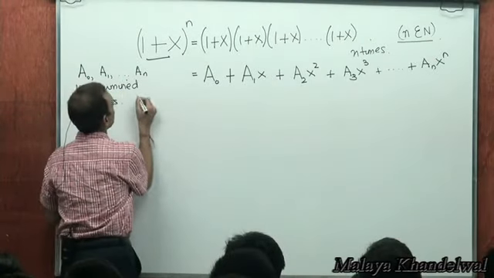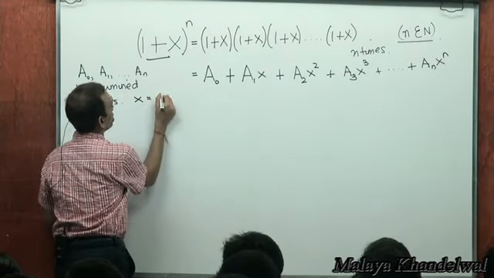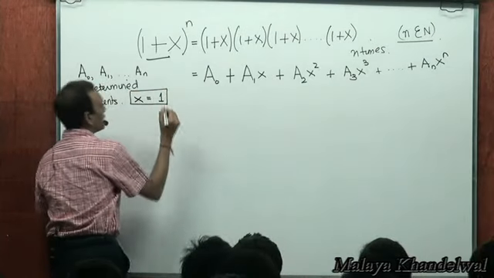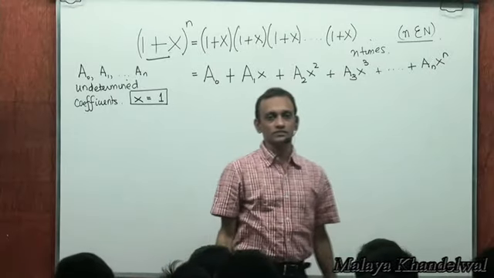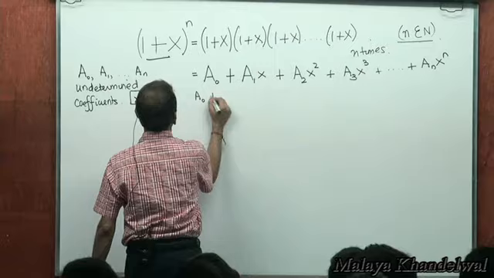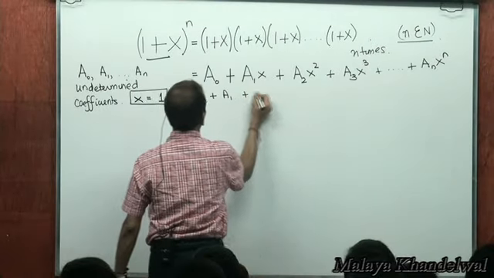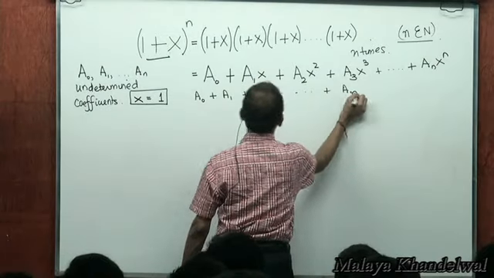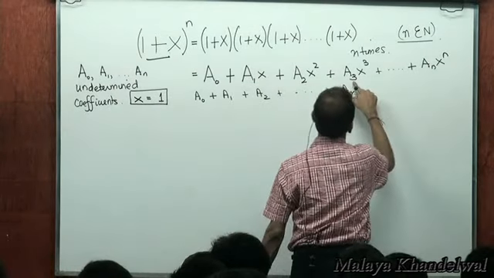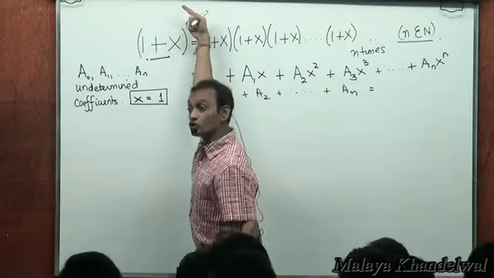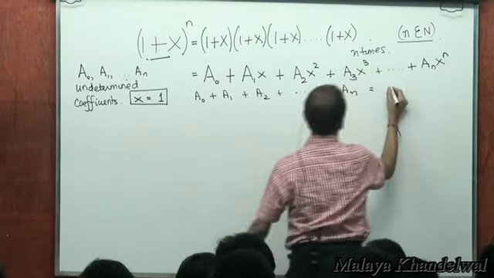Let me plug in x equal to 1 on both sides. Then I end up getting a0 plus a1 plus a2 plus a3 plus an equals 1 plus 1, that is 2 to the power n.